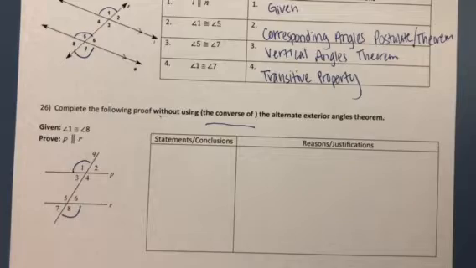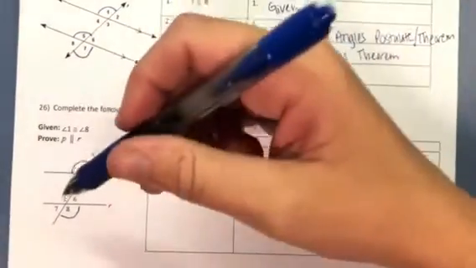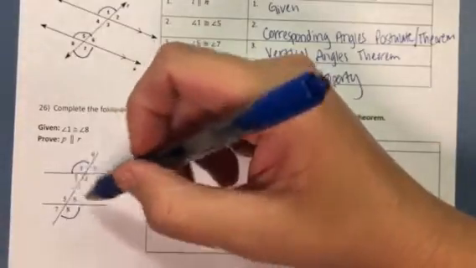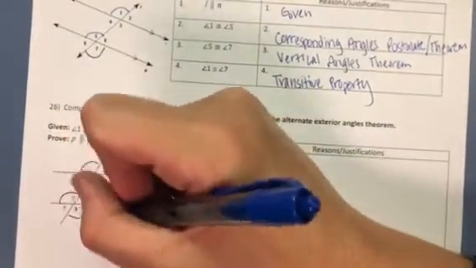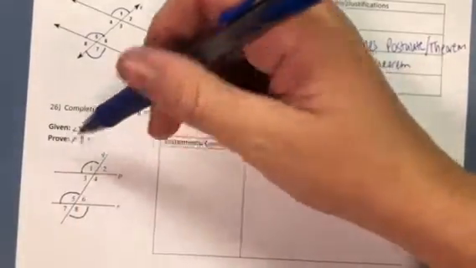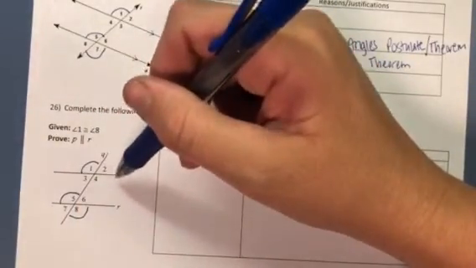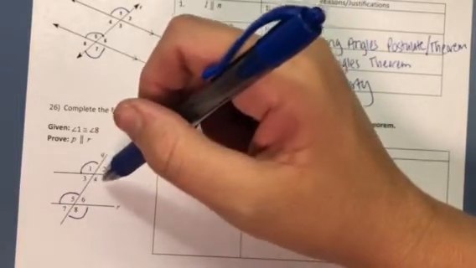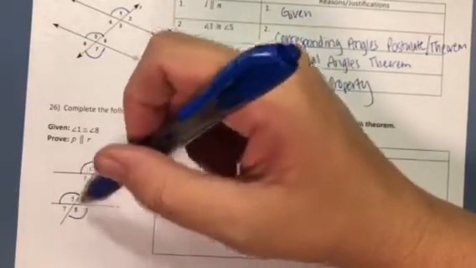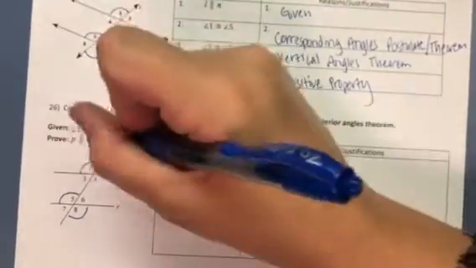All right, so if 1 is congruent to 8, if I look at this intersection down here, I know 5 has to be congruent to 8 because these are vertical angles. And I don't know that P and R are parallel yet. So I can't go from 8 to 4, for example, but I can say that 5 and 8 are congruent because they're vertical angles.